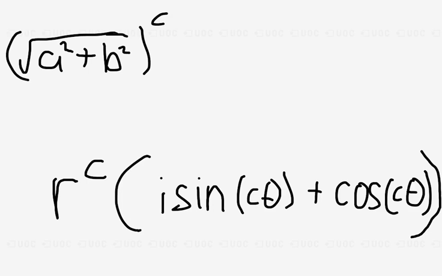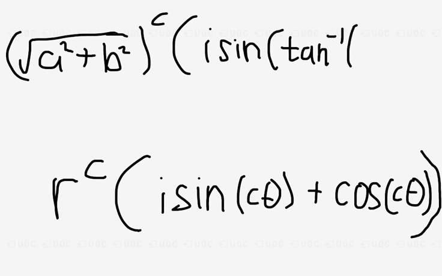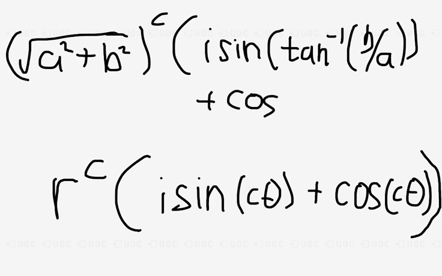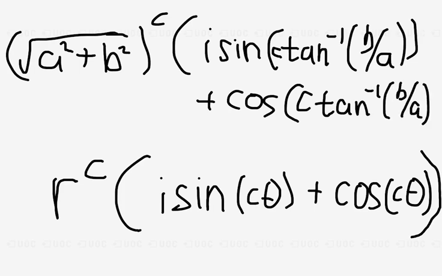So we have the square root of a squared plus b squared, to the power of c, times (cosine of c times the inverse tangent of b over a, plus i sine of c times the inverse tangent of b over a).